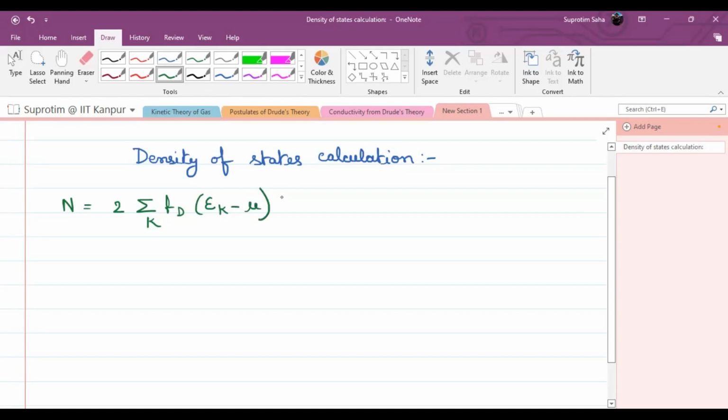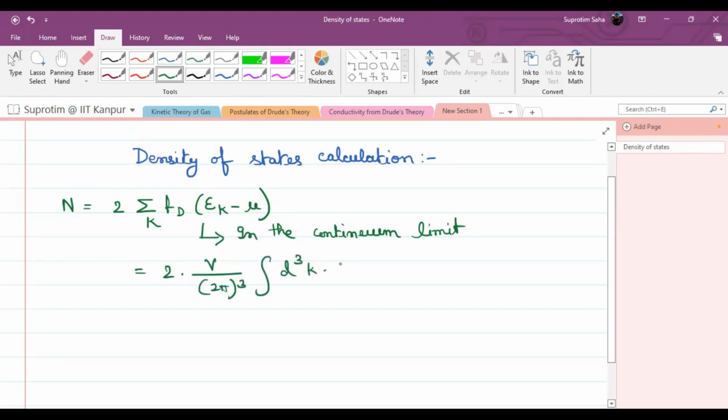And in the continuum limit, this gets transformed into 2 times V over 2 pi whole cubed, d cubed k, times the Fermi Dirac distribution. I'm writing chemical potential because in general you have a non-zero temperature.